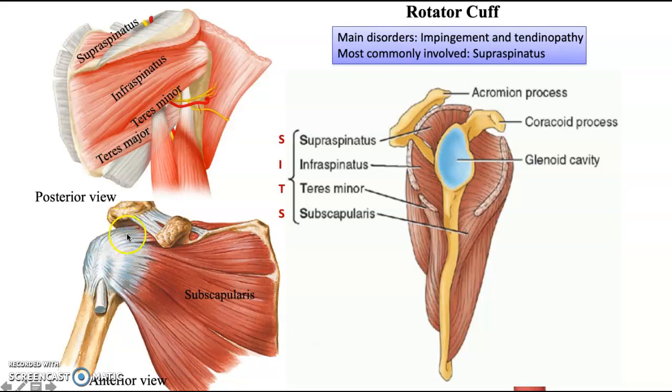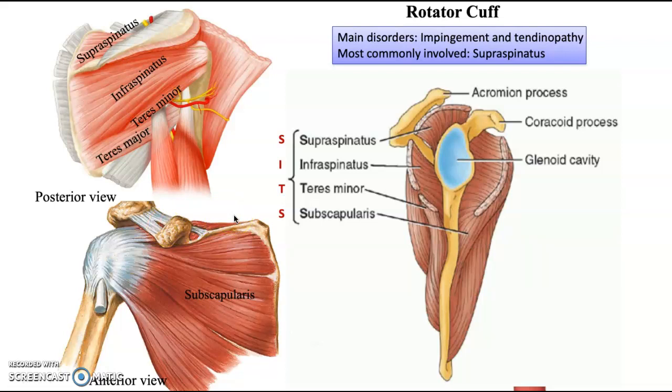So now if there is any swelling or any growth of any bony spot, that can easily cause some problem to the supraspinatus. One more important thing, why supraspinatus is mainly involved, because the tendon of supraspinatus is relatively avascular, and that also makes it more susceptible to any disorders that involve the rotator cuff.